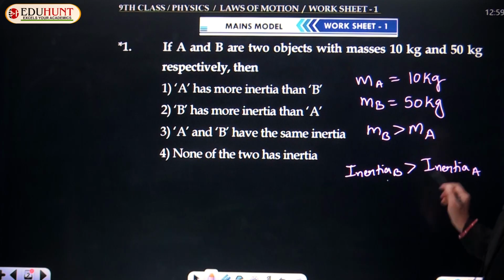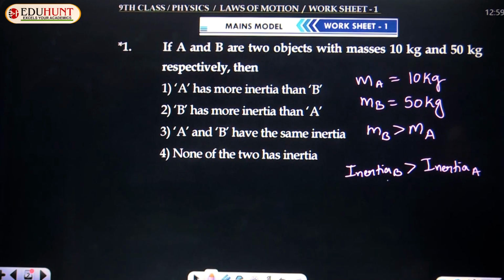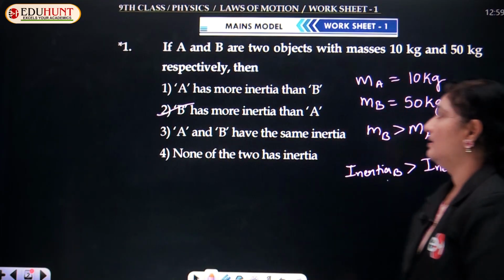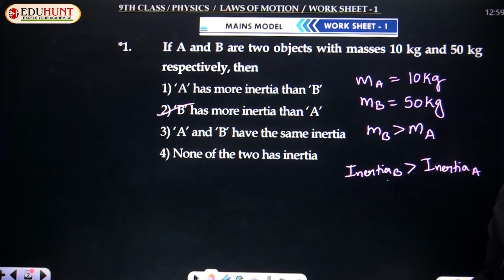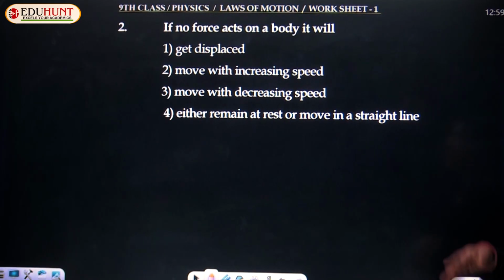So, B has more inertia than A. So, option B must be true. Option 2 must be true. So, let us move to the next question.